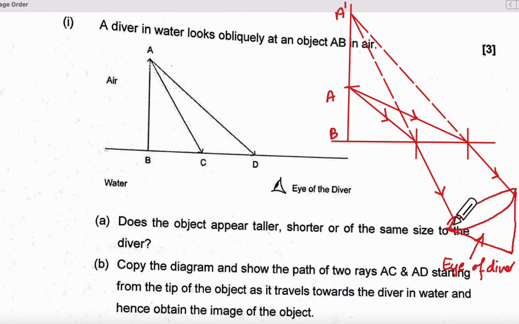And don't just show one eye like this. The other ray is not going into the diver's eye, so don't show it like that. So this is your object and this is your image. This is your C and this is your D. If you were to take more angle over here, like this.